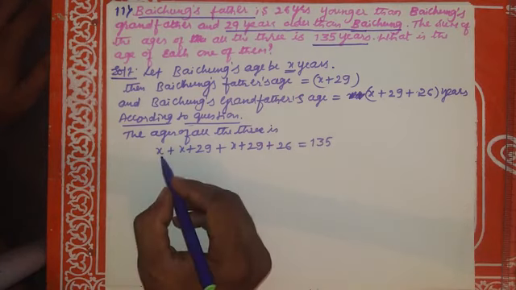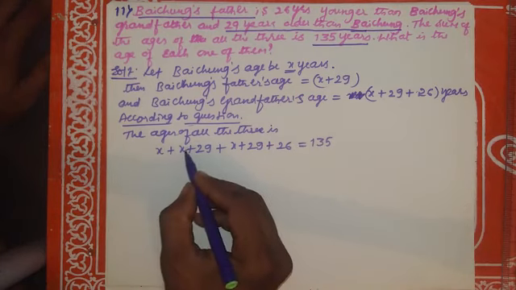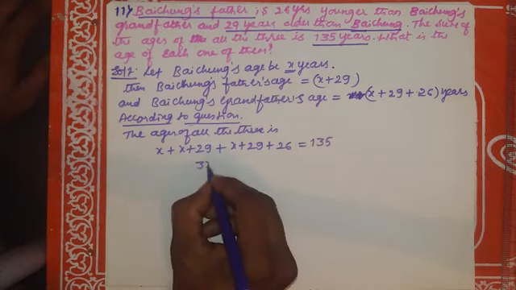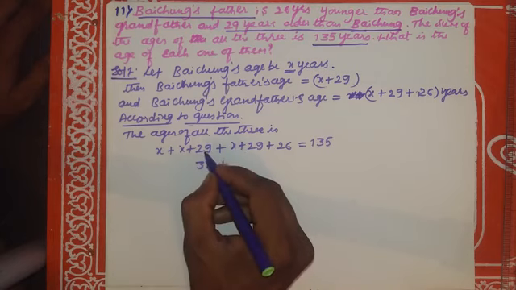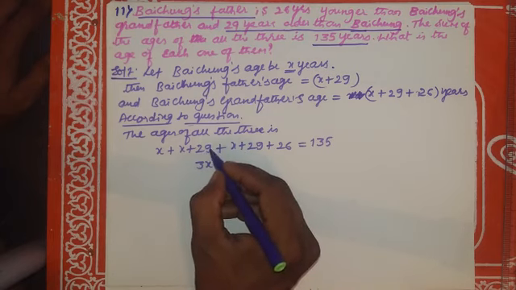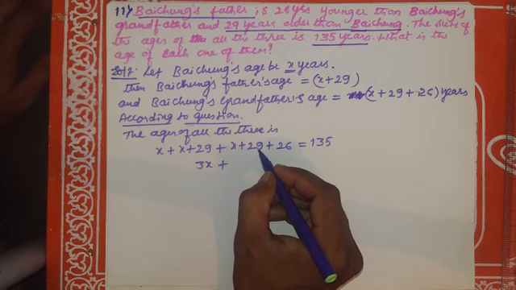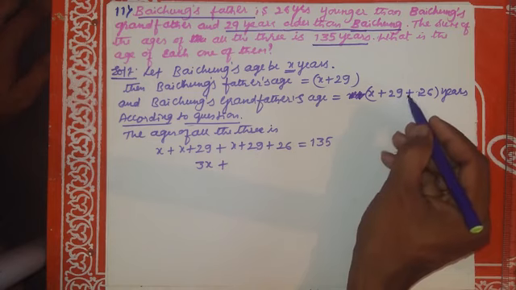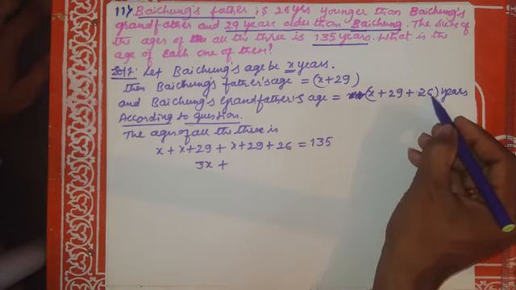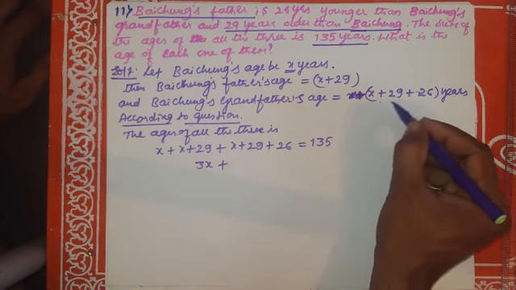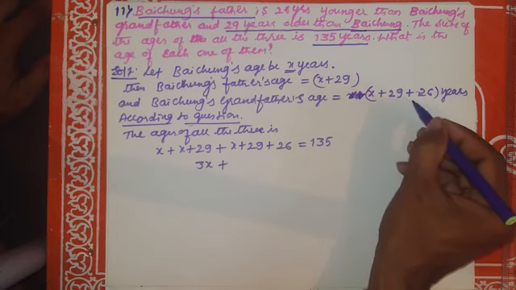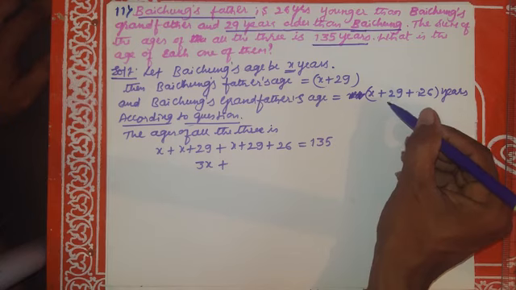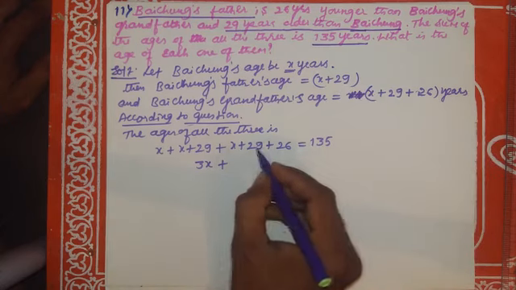How many x are there? 1, 2, 3. 3x plus 29 plus 29 plus 26. I have written x plus 29 two times, is it right?